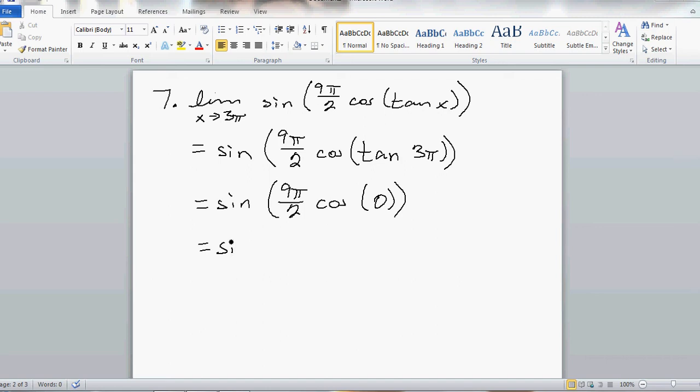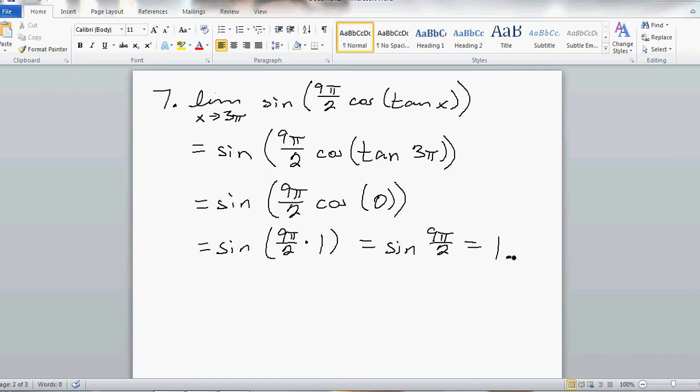And so this would be the sine of 9 pi over 2 times cosine of 0. Once again, we are very good trig students, and we remember that as being 1. So this becomes the sine of 9 pi over 2, and sine of 9 pi over 2 is equal to 1. So the actual limit does exist, and then the question becomes, is it continuous?